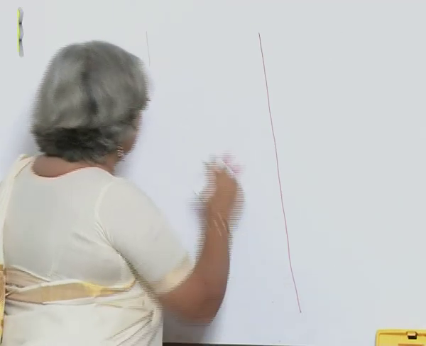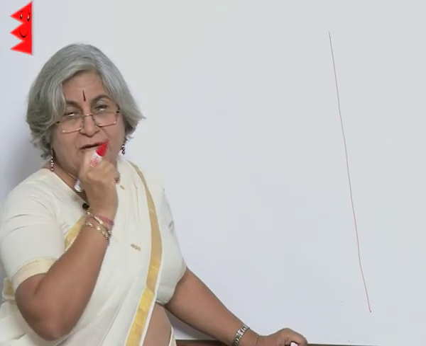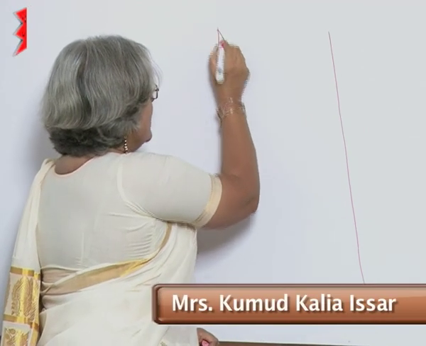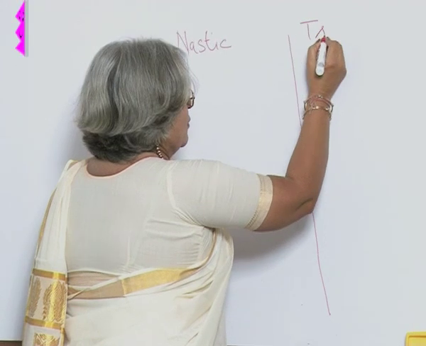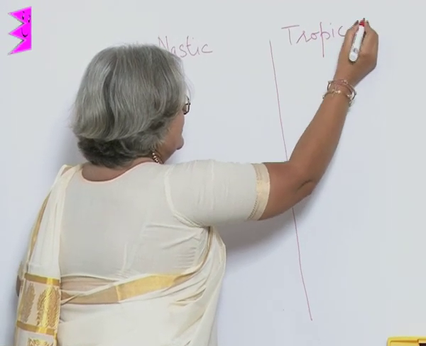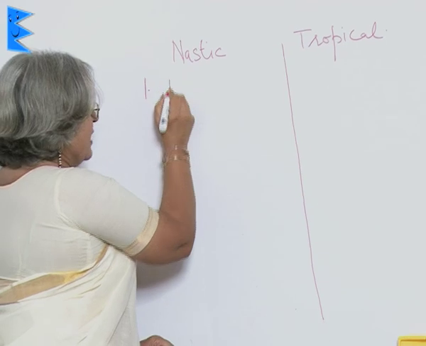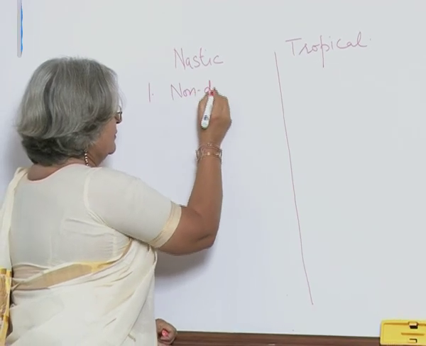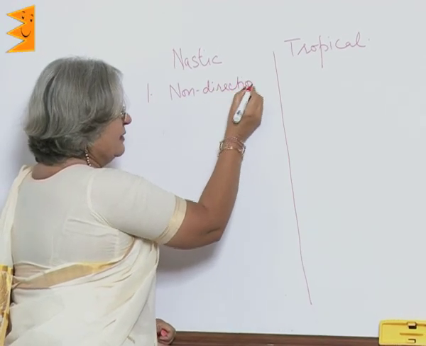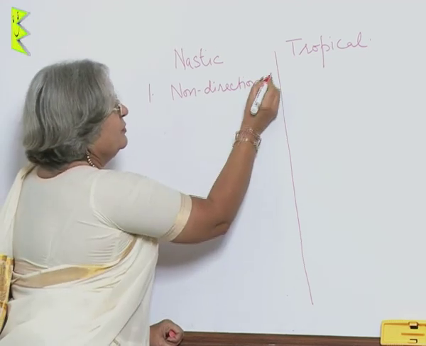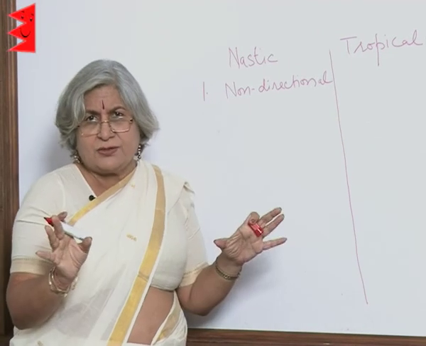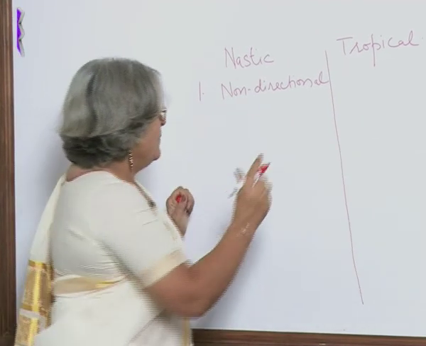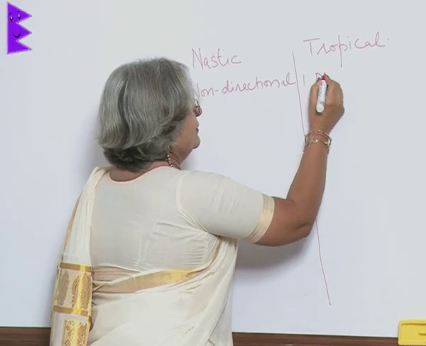The movements which are non-directional, as in case of touch me not plant, are called nastic movements, and the other ones are called tropic movements. Nastic are non-directional. What does that mean? They are neither towards the stimulus nor away from the stimulus. The direction has no role to play, while tropic movements are directional.